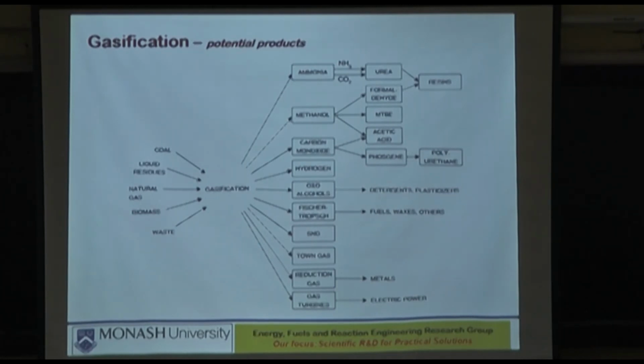By the shift reactor. If you just gasify, it will give you a certain amount of carbon monoxide and hydrogen, and of course some hydrocarbons apart from carbon dioxide. But that composition may not be right for any of those products, or maybe just for one of those.